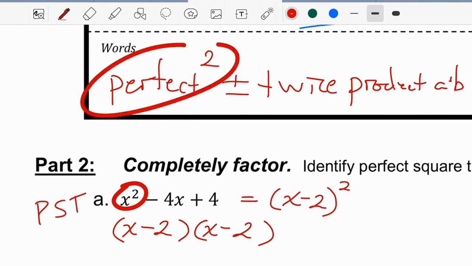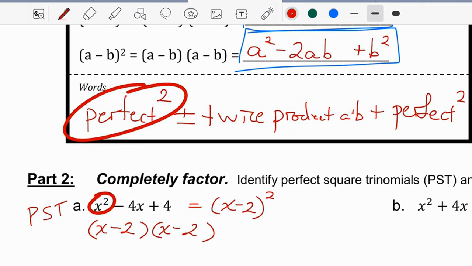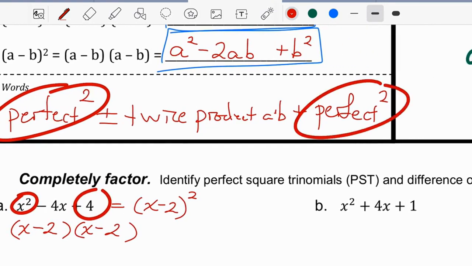You say, I don't get it. Well, look, I've got a perfect squared number. That's my perfect square. I've got another perfect squared number. Now, the number in the middle comes from thinking of where these perfect squares came from. They came from the number 2, or actually from a 2x, and so I have twice of those.